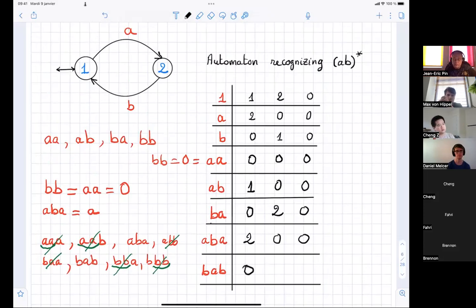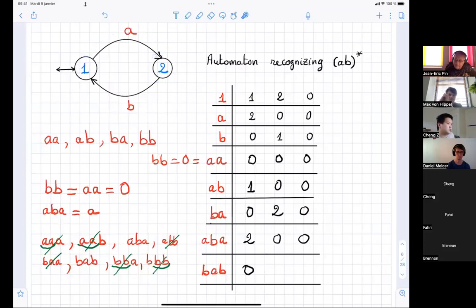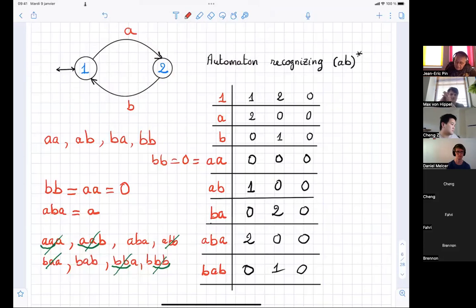If I start from 2, okay, if I start from 2, reading B, A, and B, I arrive in 1. So again, it's 1, 0, and again, this is just the same thing as B. So let me write this. BAB is B.